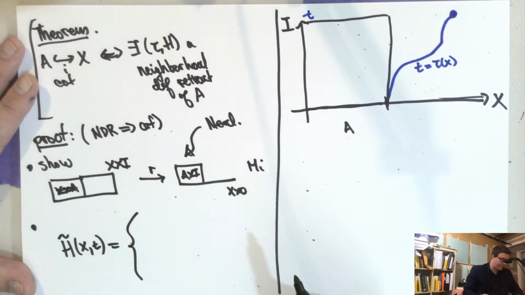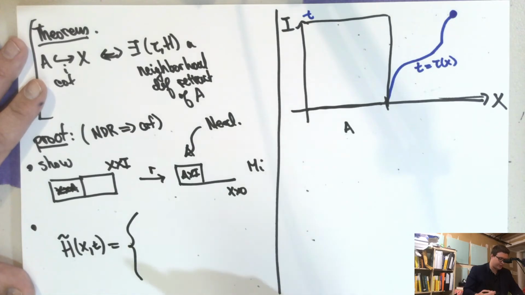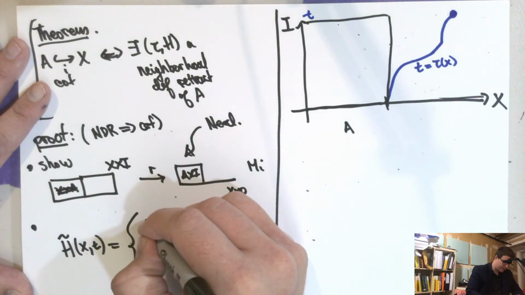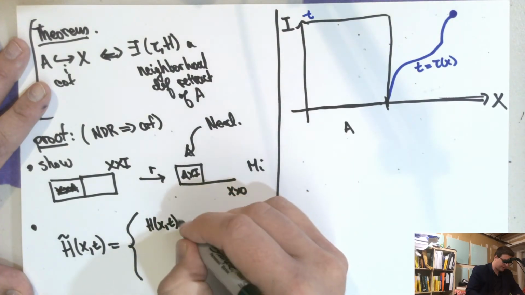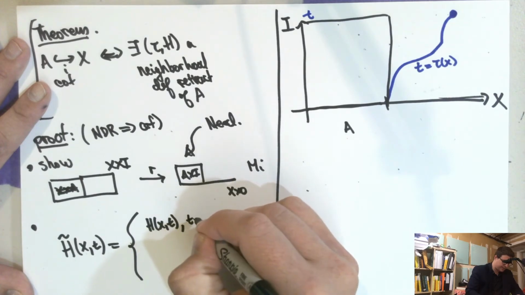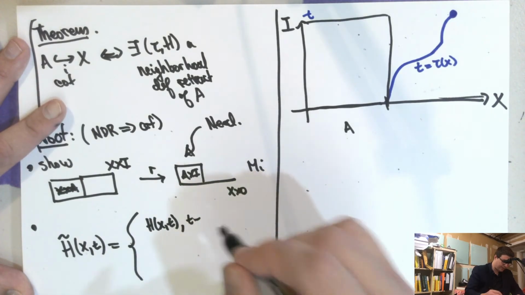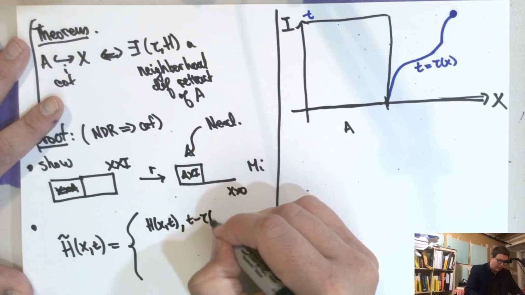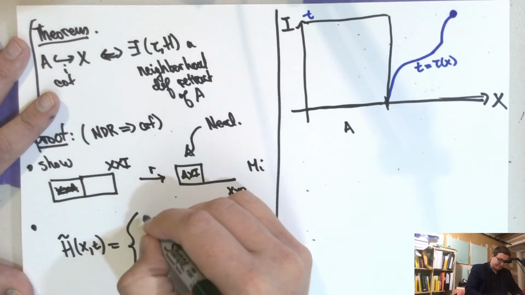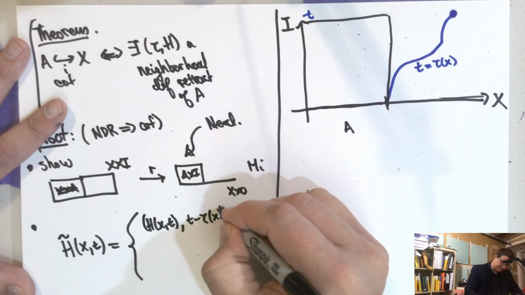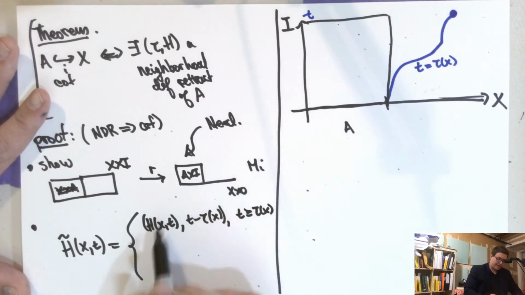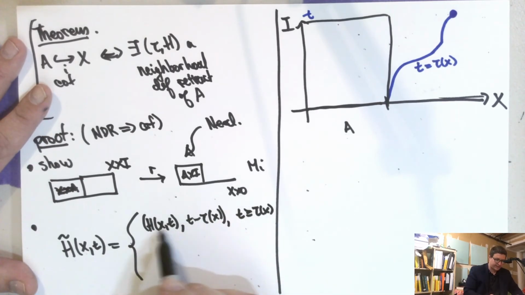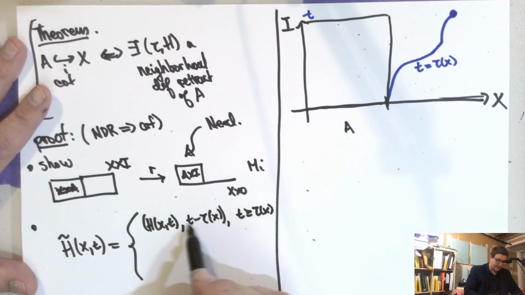Okay, so if it's going to hit, then we're just going to let it be that piece. So it's going to be h of x, t, times t minus tau of x. Excuse me, if t is greater than tau of x. Okay, and so when t is greater than tau of x, this thing goes in here. And then there's a little height here.